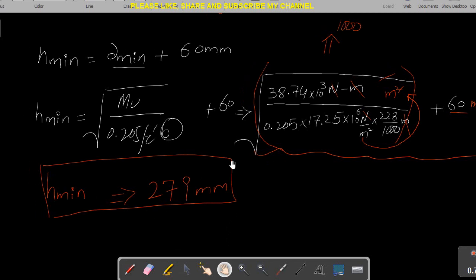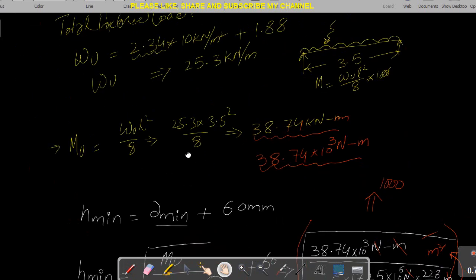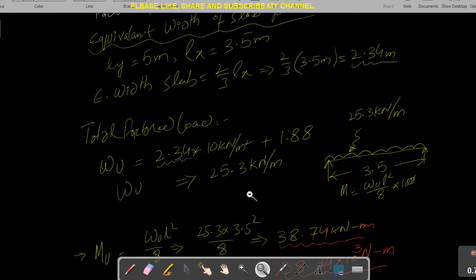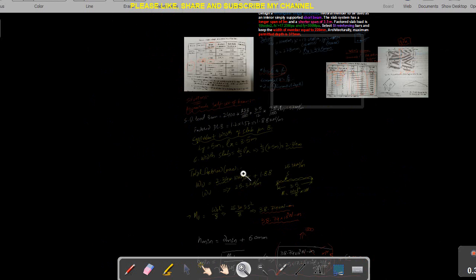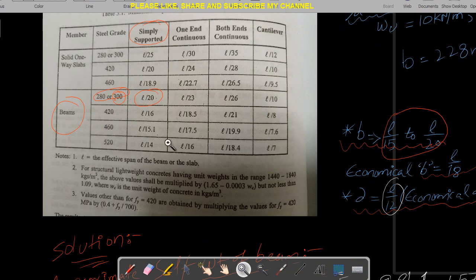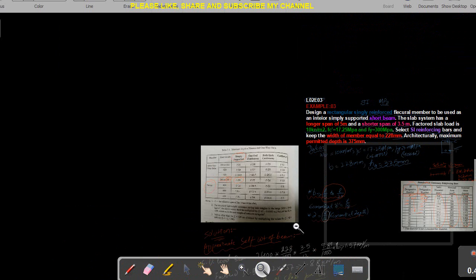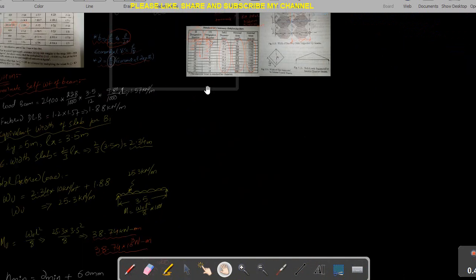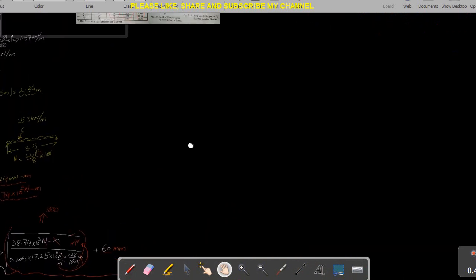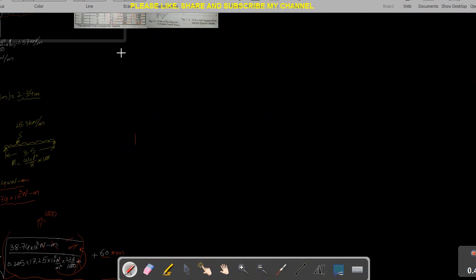If I use the deflection criteria, as we have already discussed in the beginning of this lecture, this is my coefficient, right? So let me write down here my H minimum from deflection criteria is L by 20 times 1000.